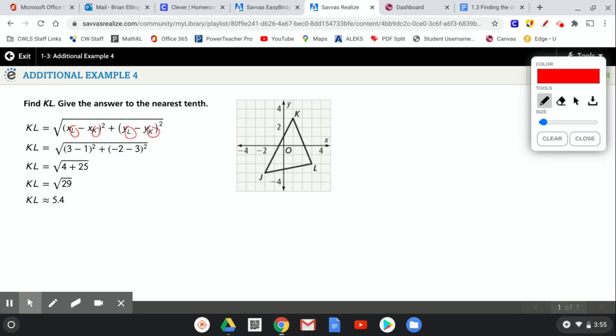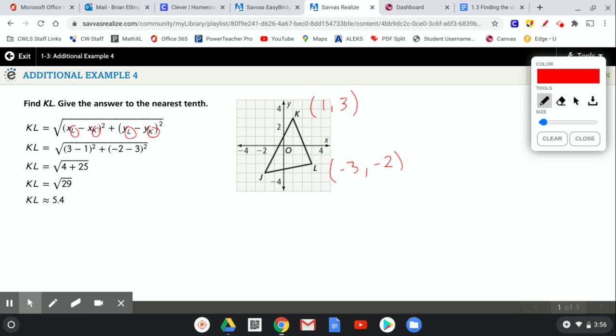So we're going to use that formula. And again, we say K is at 1, 3. L is at -3, -2. For this one, I do like to label our x1s and y1s. So we have our distance formula there. What we're going to do is just label our coordinates.